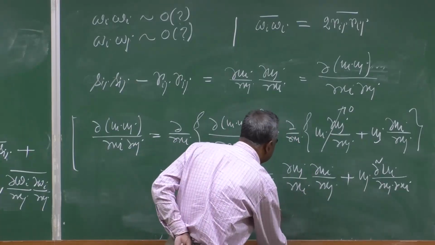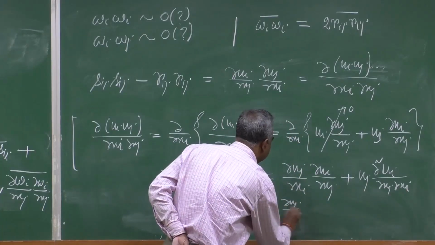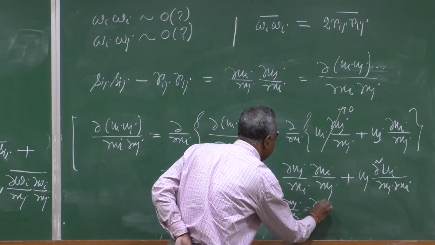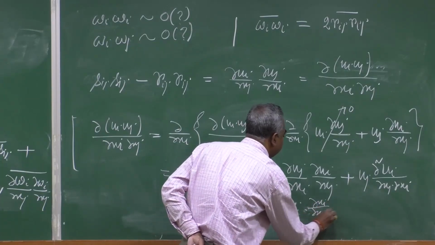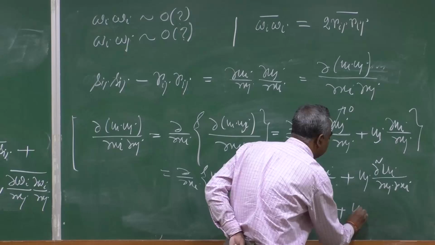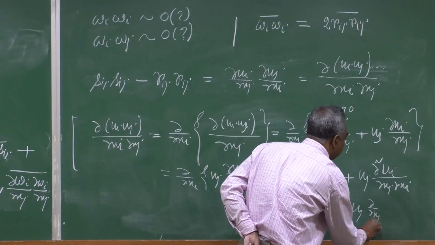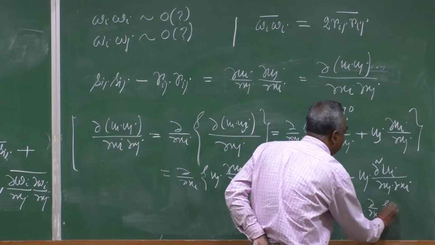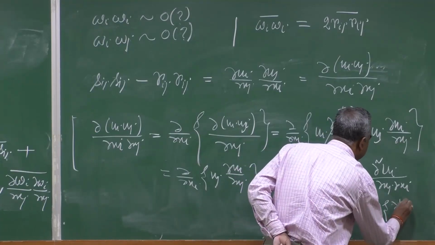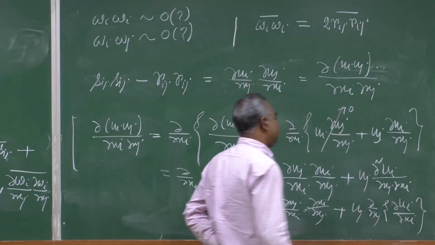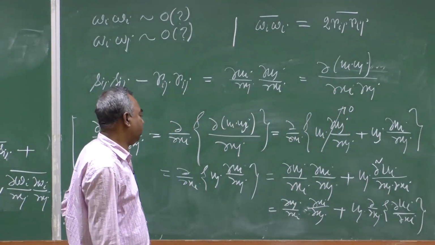once again this last part, ∂u_j/∂x_i plus ∂u_i/∂x_j, can be written as u_j ∂/∂x_j of ∂u_i/∂x_i, which is once again 0 from continuity.